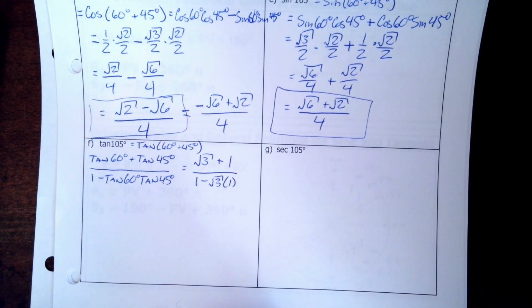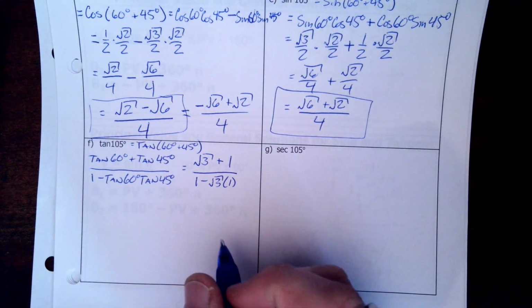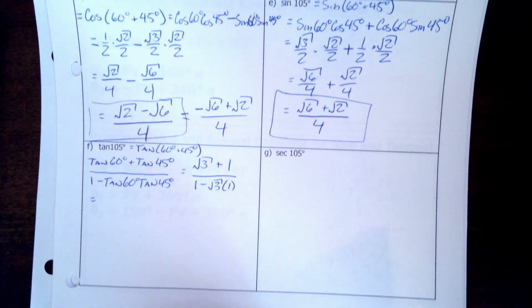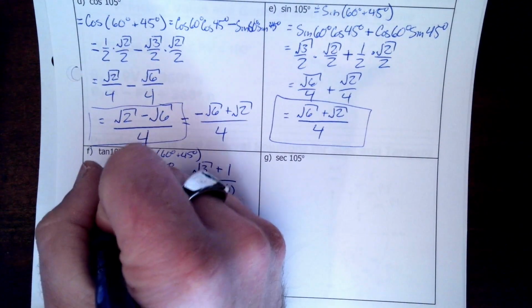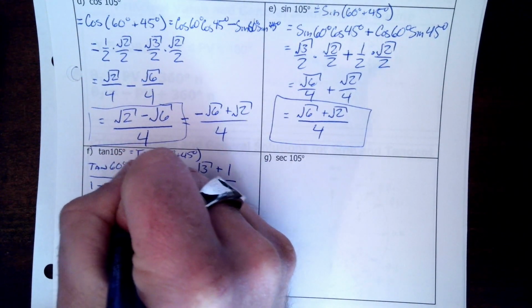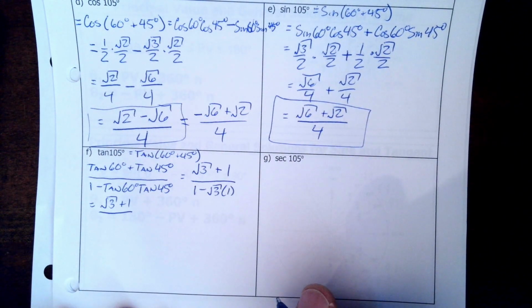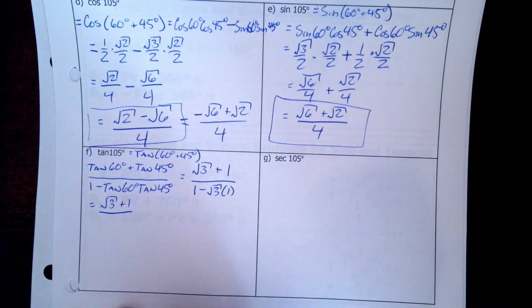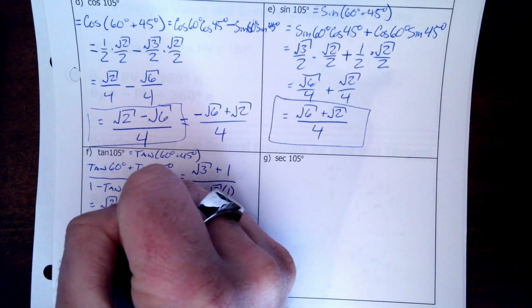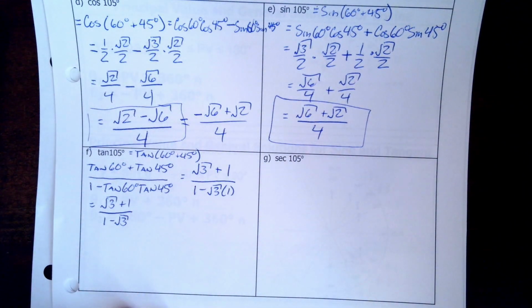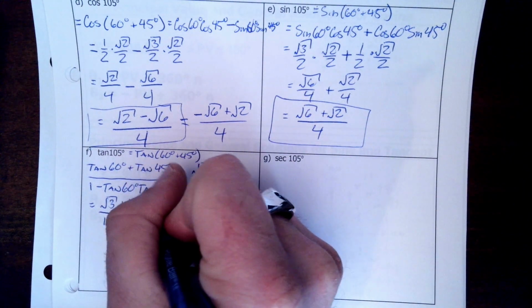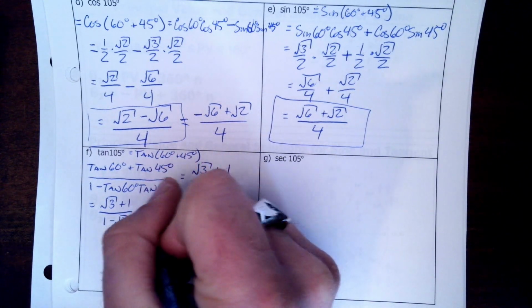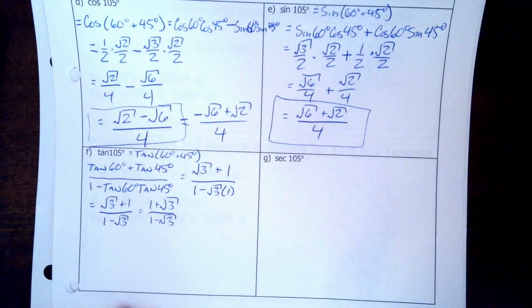Multiplication here, 1 times root 3, 1 times anything is itself. So, can't really do anything at the top. Root 3 plus 1. Maybe we could say it's 1 plus root 3, just so the radicals come at the end. Over 1 minus root 3. Yeah, let's actually make that 1 plus root 3 over 1 minus root 3.